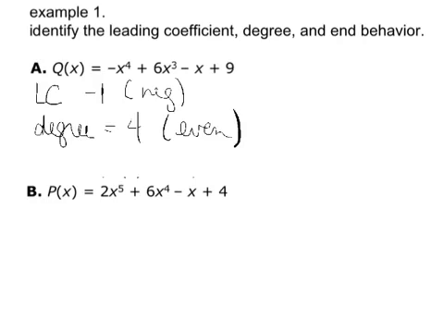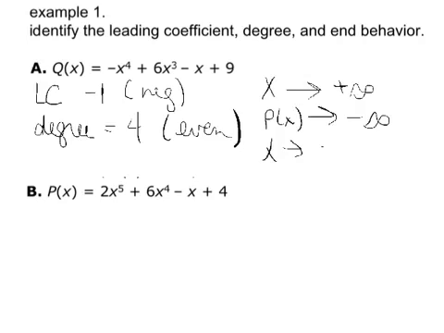So if your leading coefficient is negative and you have an even degree, as x goes to positive infinity, your function, or q of x in this case, goes to negative infinity. As x goes to negative infinity, your function goes to negative infinity.